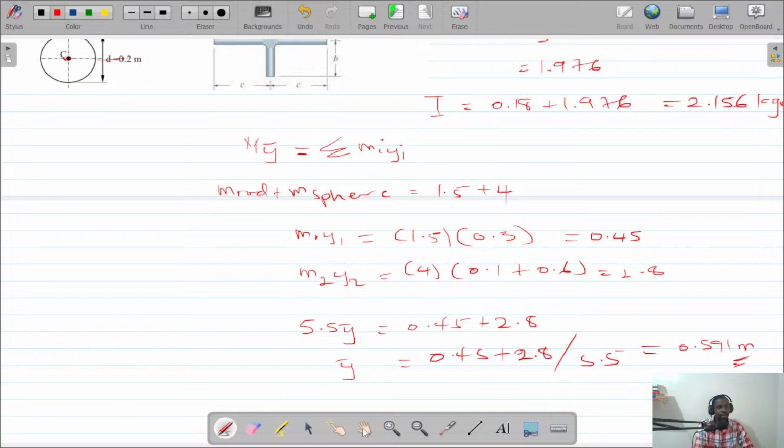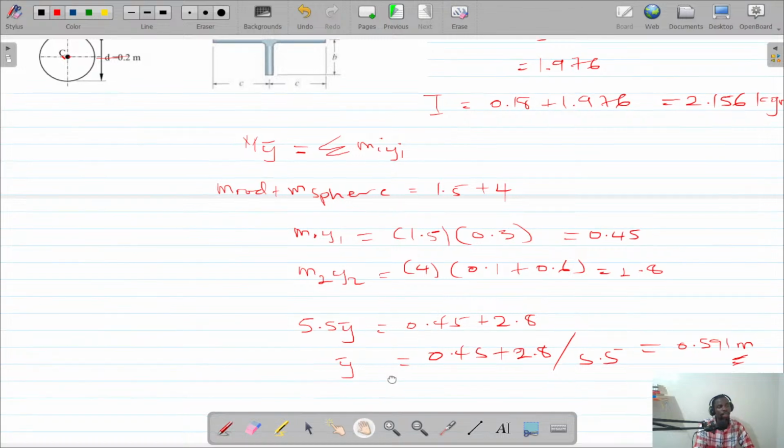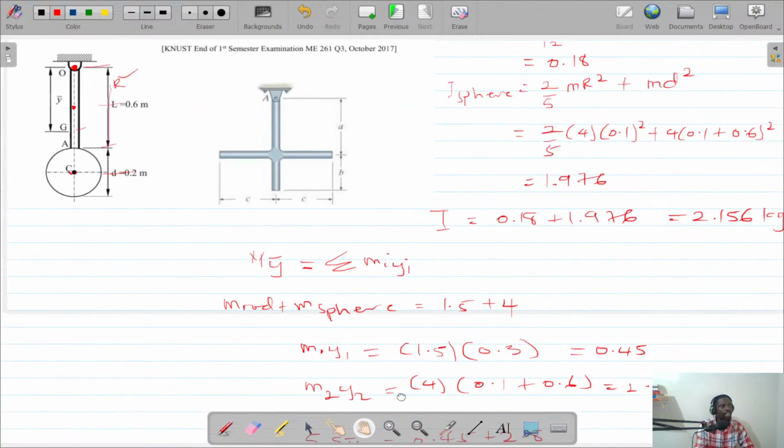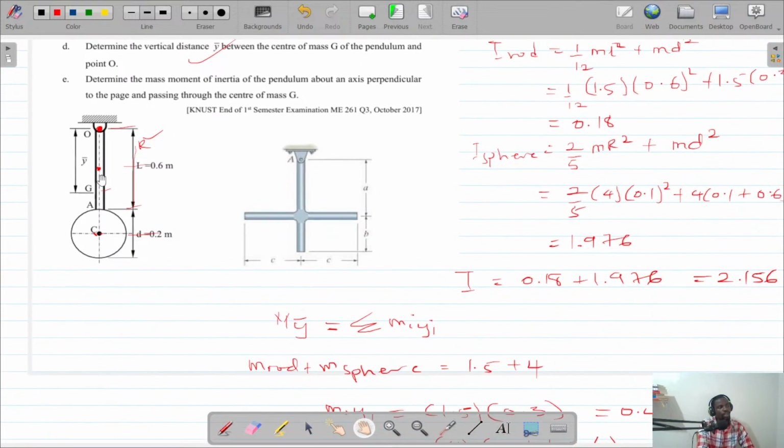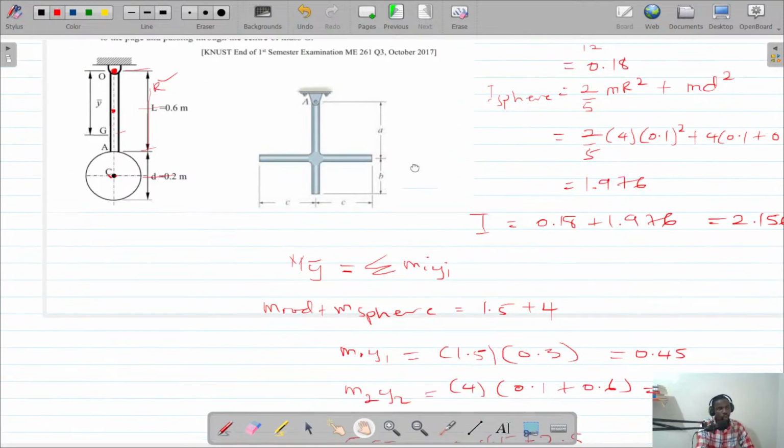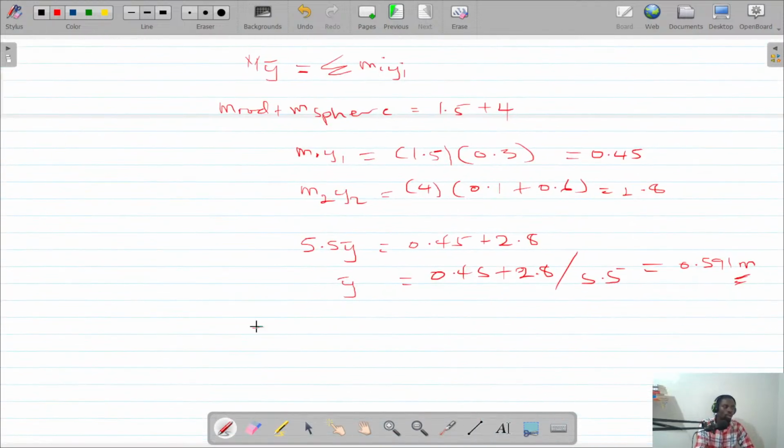Okay, so we have the y bar here. Now the next question is: determine the mass moment of inertia of the pendulum about an axis perpendicular to the page and passing through the center. So if we were to find the moment of inertia about O, then IO should be equal to IG plus MD squared.